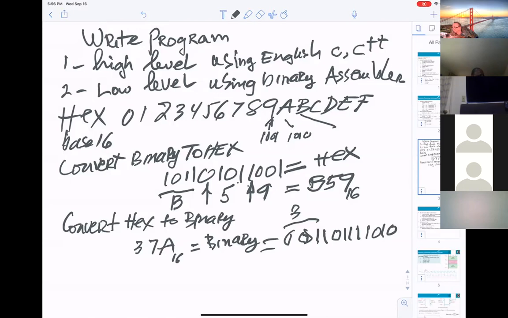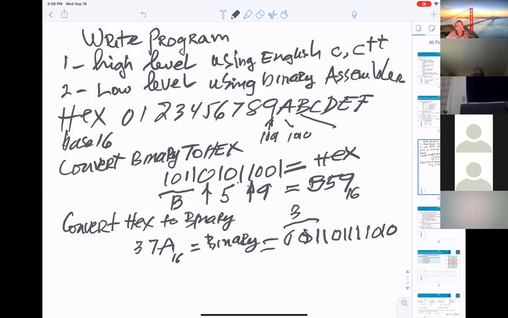Okay, so we already know hex to binary. Why do we want that? You understand it when they write a program using the low level. That means they would have to use 1, 0, 0, 1, 1, 1. Too many 1s, too many 0s. No way they can do it. So in the keyboard, they already convert number 3 into 0, 0, 1, 1.